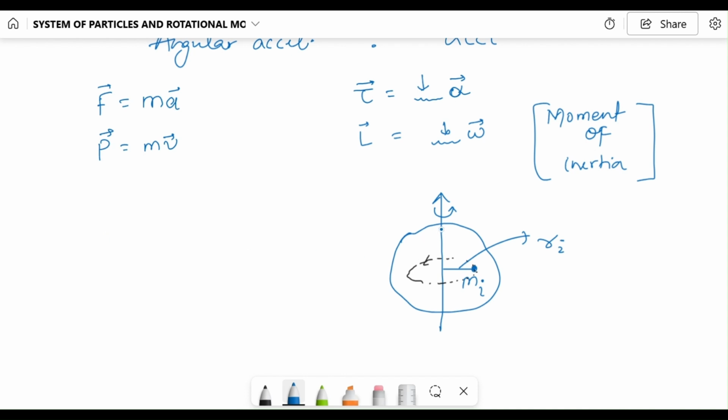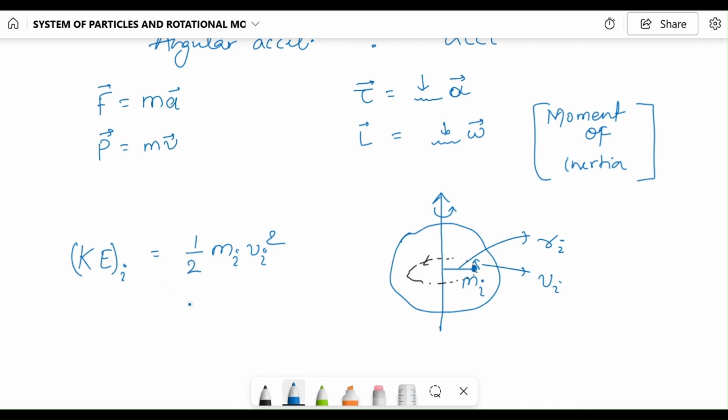So this rigid body is moving, so it has kinetic energy. We can write that the kinetic energy for this ith particle will be 1/2 mi vi squared, if its linear velocity is vi. Okay.